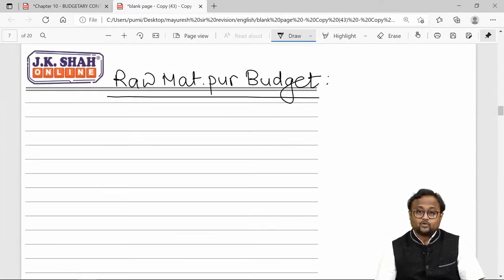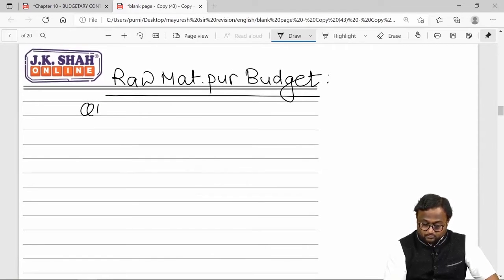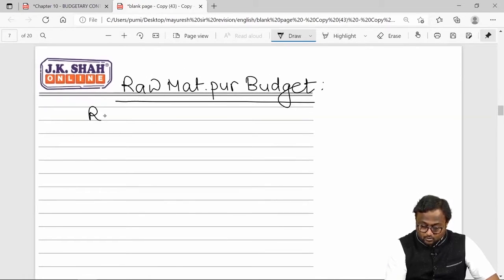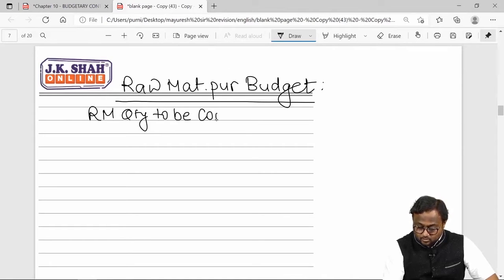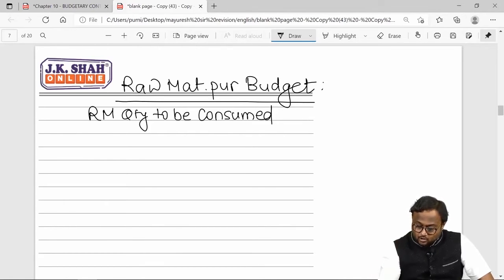What am I supposed to do with raw material purchase budget? Raw material quantity to be consumed.